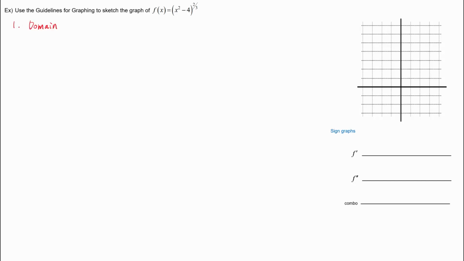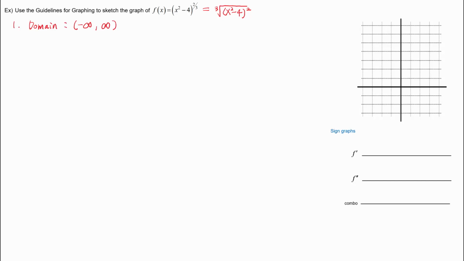If I rewrite this function, this is equal to the cube root of the quantity x squared minus 4 to the 2nd power. Because this radical function is a cube root and the index is odd, the domain is all real numbers, which is from negative infinity to positive infinity.